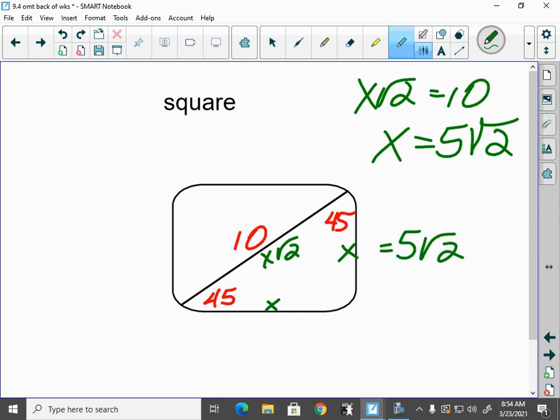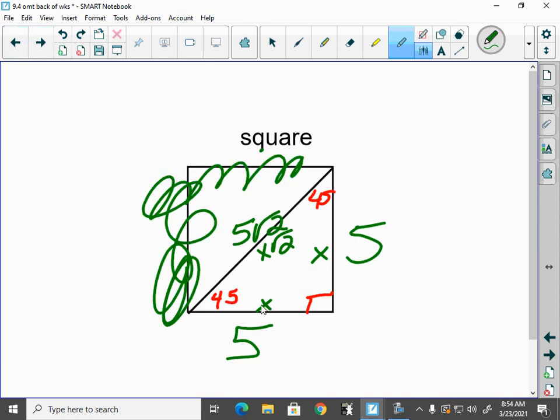Why is the previous one 5 square root of 2, but on this one you just leave it? Because on that one we started with x equals 5, so 5, 5, 5, 5. The hypotenuse is x square root of 2.